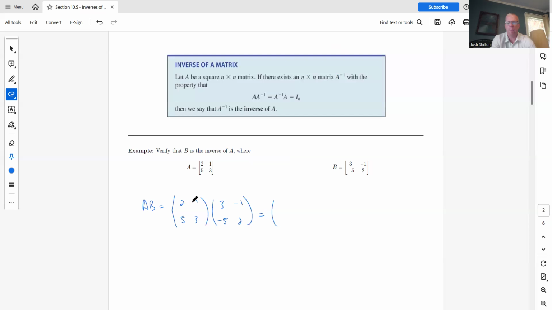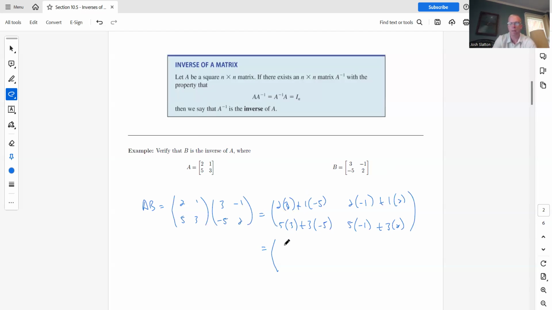All right, so we have first row times the first column, so 2 times 3 plus 1 times -5, and then 2 times -1 plus 1 times 2, and then 5 times 3 plus 3 times -5, and then 5 times -1 plus 3 times 2. Then we should get the 2 by 2 identity matrix.